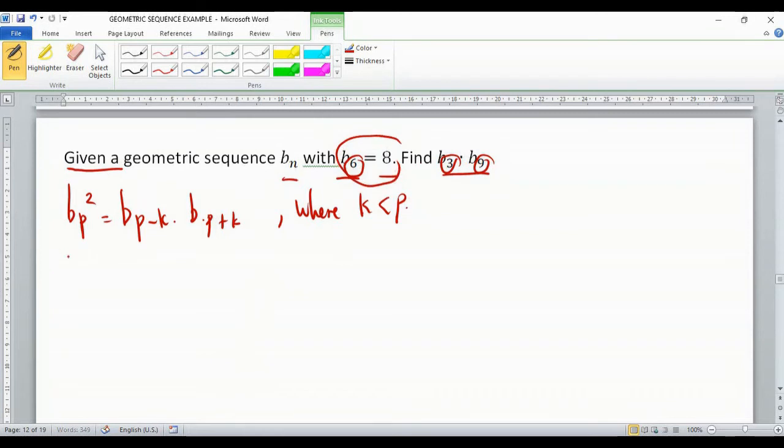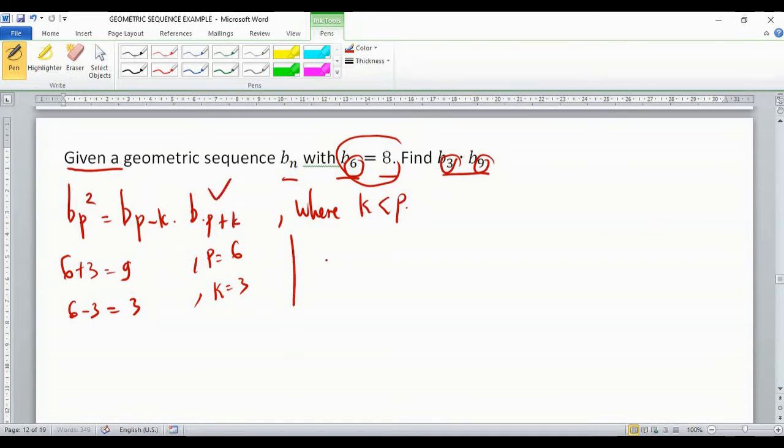If I take 6 plus 3, it equals 9, and 6 minus 3 equals 3. So p is 6 and k is 3.